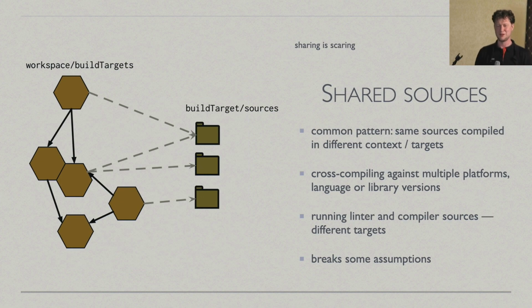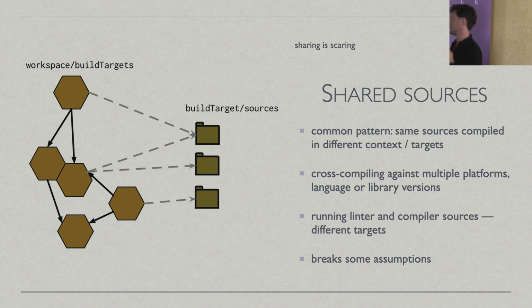Okay, another favorite problem of mine is the shared sources problem. Well, in Bazel, this is a common pattern, or also in SBT. In Maven, maybe not so much. Basically, the idea is you have targets or modules that compile the same sources in different contexts.